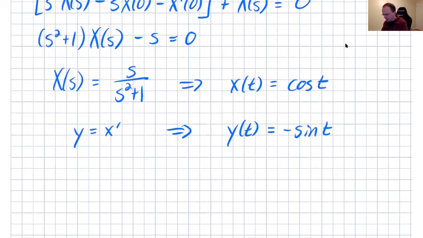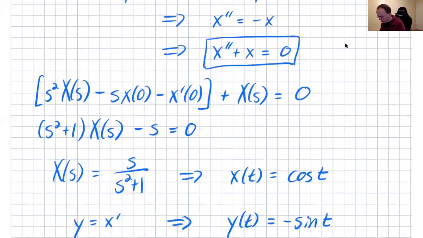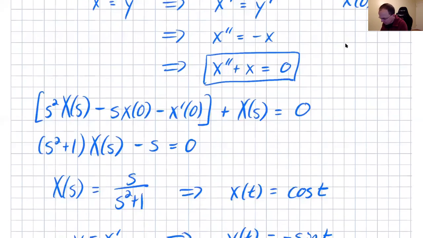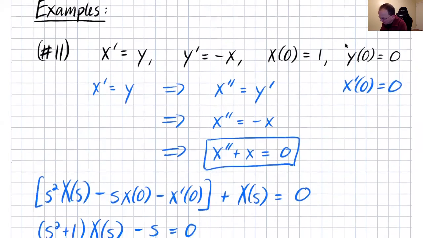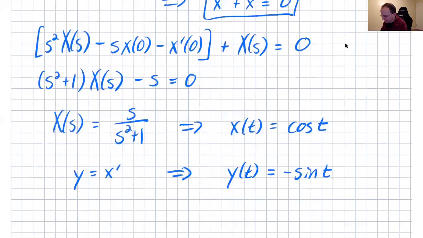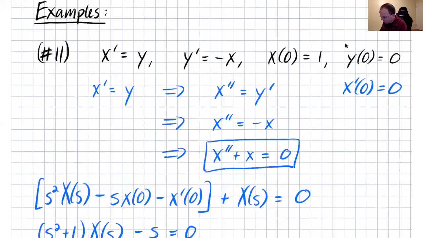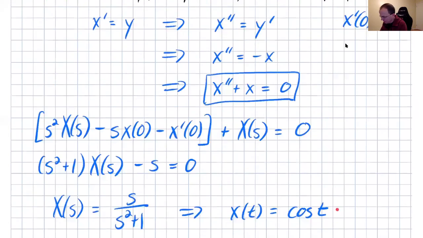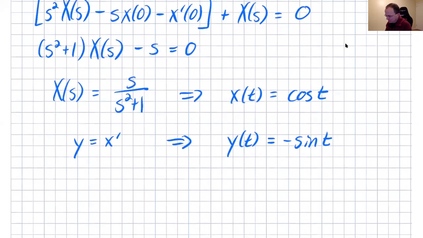We have our solution, and we can check. So we need x prime equals y. So x prime equals y, yes. y prime equals minus x. y prime is minus x, yes. And then we have x of 0 is 1, yes. And y of 0 is 0, yes. So there's our solution.